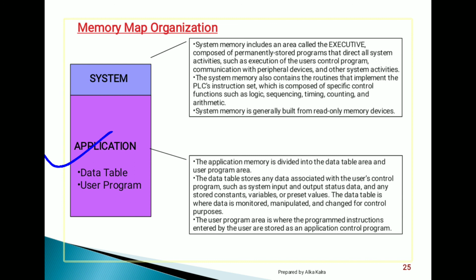In this we store information such as input and output status data, different types of constants, variables, or preset values of timers and counters. All this data is stored in the data table, which is monitored, manipulated and changed for control purposes. So the data table maintains the data of timers, counters, predefined constants or variables, and all types of input data.